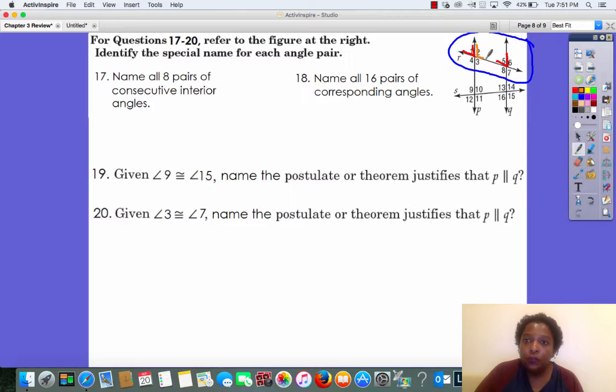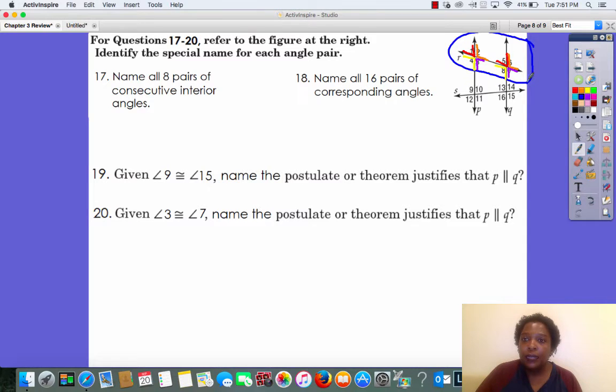Angle 2, angle 6, same direction. Angle 4, angle 8, and angle 3, angle 7. 4 pairs, 12 to go.